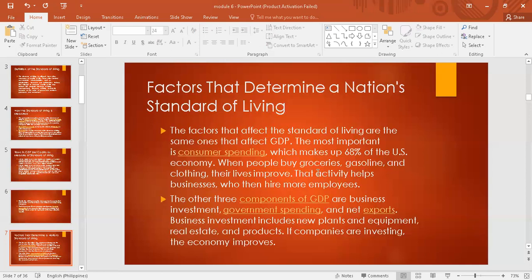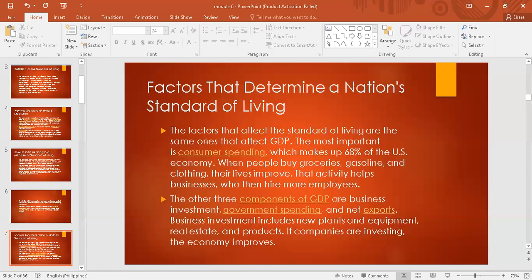Okay? That activity helps businesses, no? They hire more employees. So halimbawa, the more consumers that have this amount of money to buy, it is better for businesses because they produce more, they hire more employees. Ganun po yun. So that's the effect.